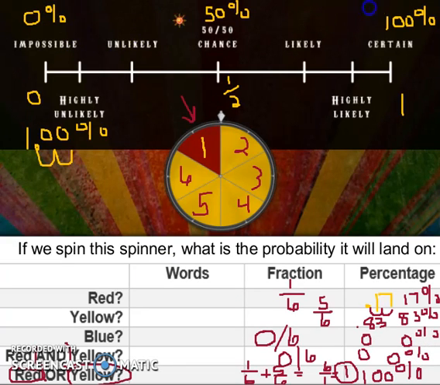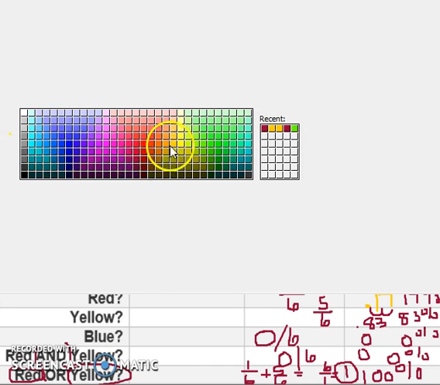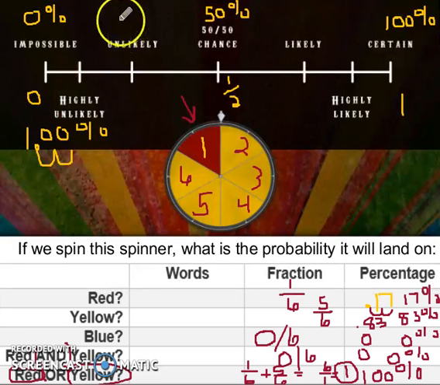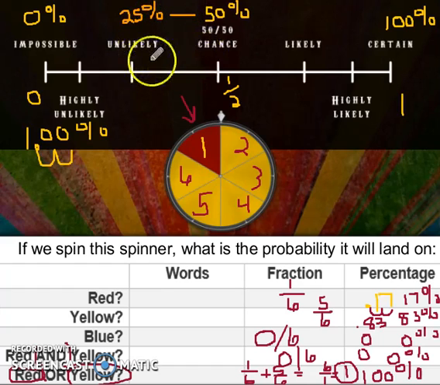All right, now let's fill in the rest of our chart here, because we have to know when we would say something's unlikely or very highly unlikely. And if you notice, they kind of divided this into quarters. So I'm going to say that if it's between 25% and 50%, it's somewhere in between unlikely, and then of course this would be 50-50.